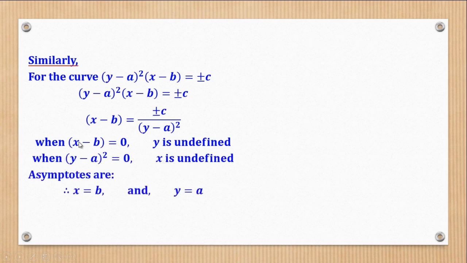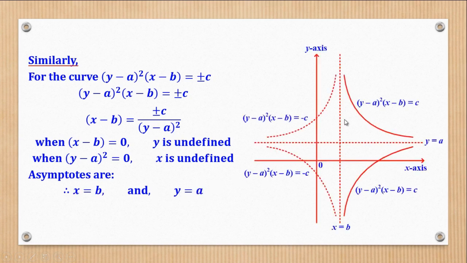So x will be equal to b and y will be equal to a, meaning that x equal to b and y equal to a are the asymptotes. Therefore, the first thing to do is to locate the asymptotes x equal to b and y equal to a.